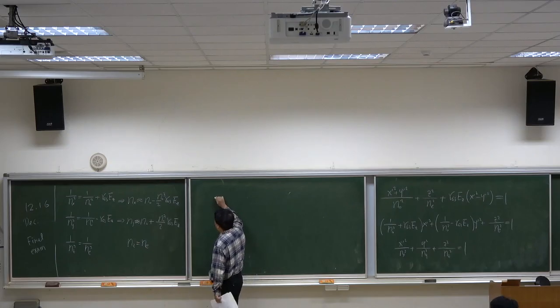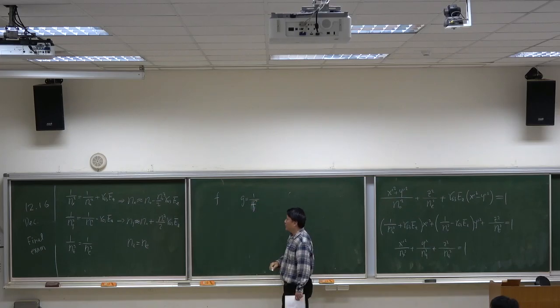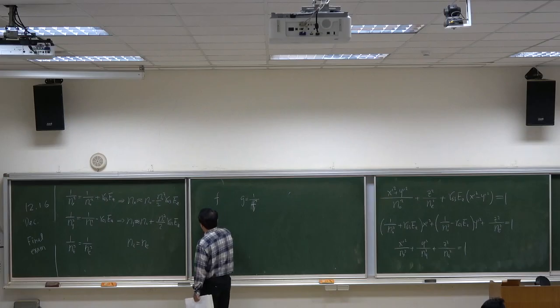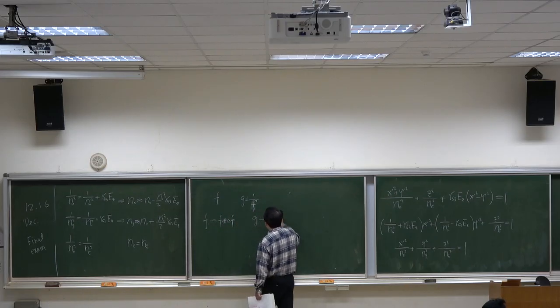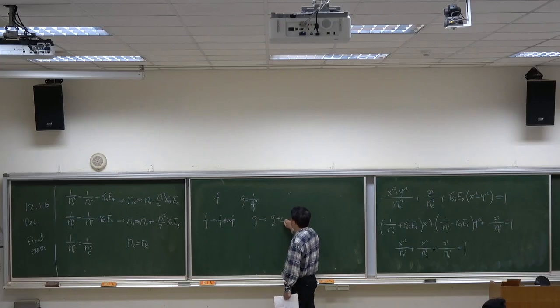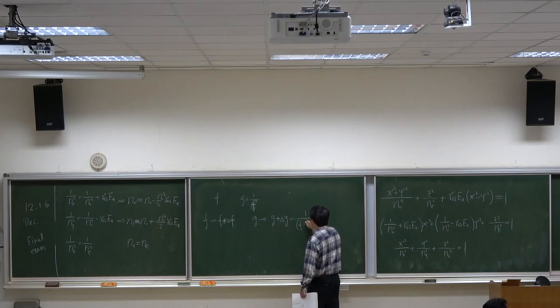The first one is f, and the second one is g equal to 1 over f squared. So if we change f to f plus delta f, g becomes g plus delta g, which is equal to 1 over (f plus delta f) squared.